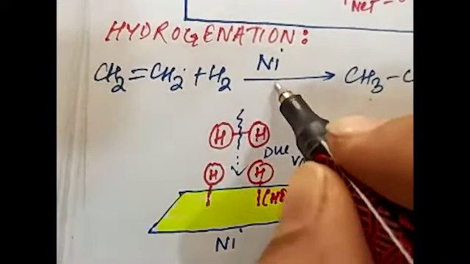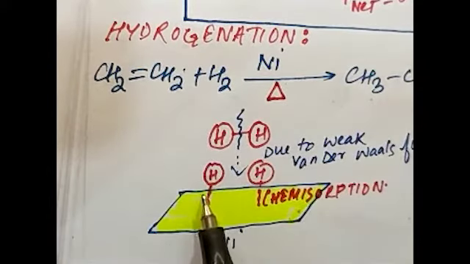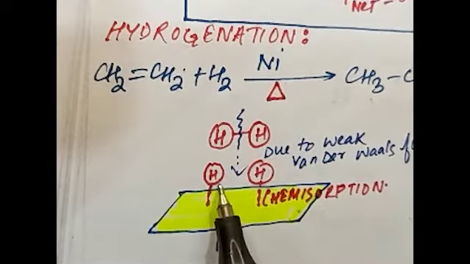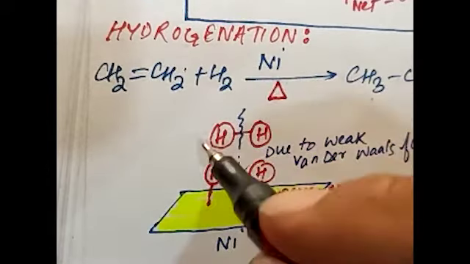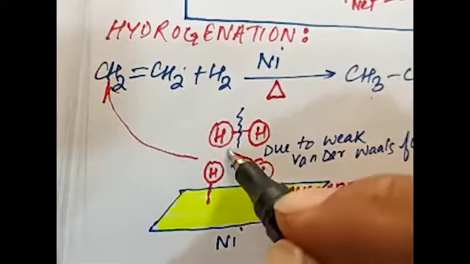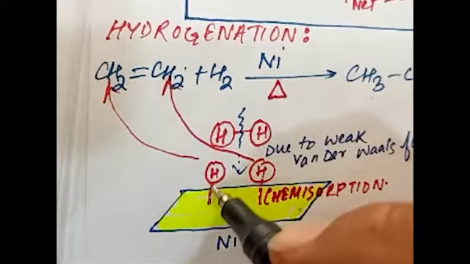For that purpose, we need to heat it. इसको heat करेंगे. Heat करने से क्या होगा? ये जो bonds हैं between hydrogen and nickel, this will get broken. These hydrogen atoms will break away, and this will attack the carbon having a double bond.